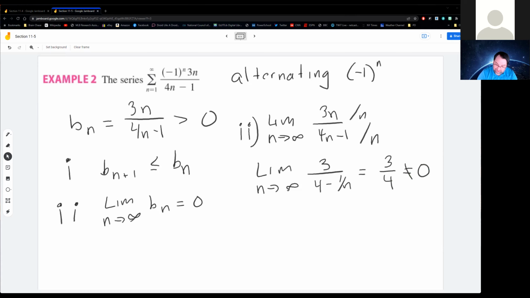So it fails the alternating series test. And since it failed the alternating series test there, I don't need to look at the first one, because it's got to pass both tests to work.